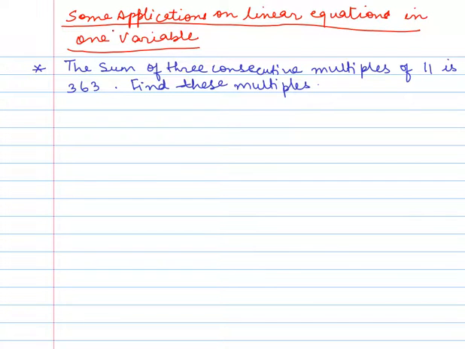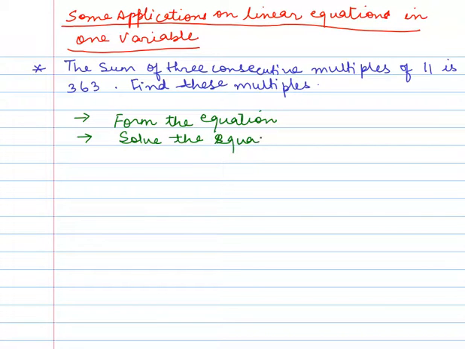So to solve these applications on linear equations, what do we need to do? We need to first form the equation according to the application. Then next we have to solve the equation and find the value of x.